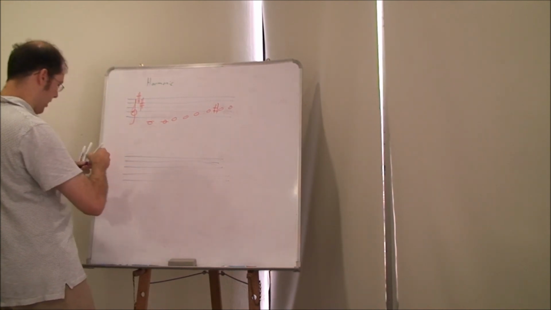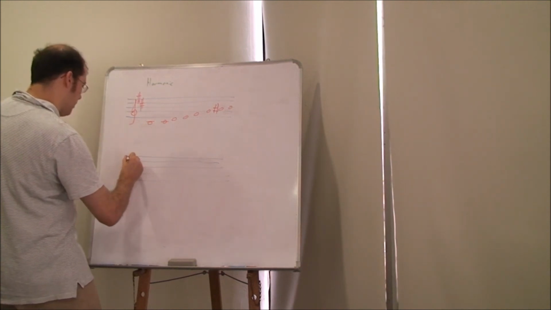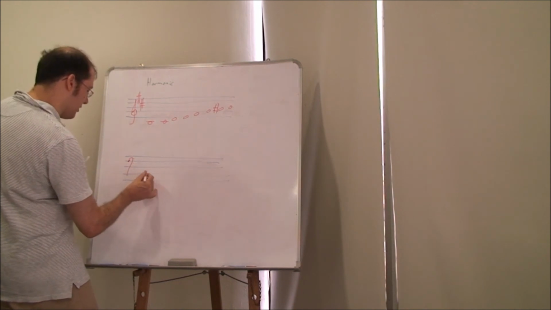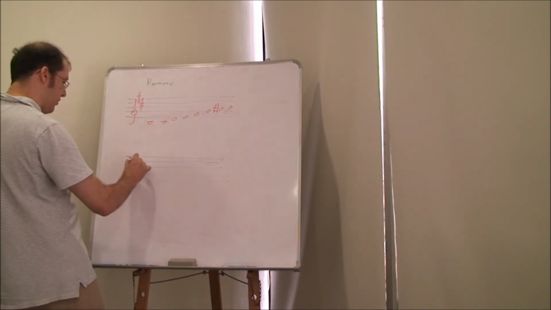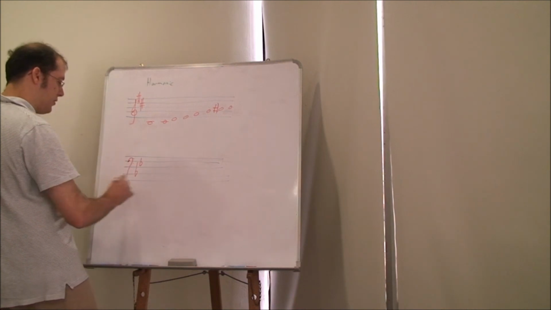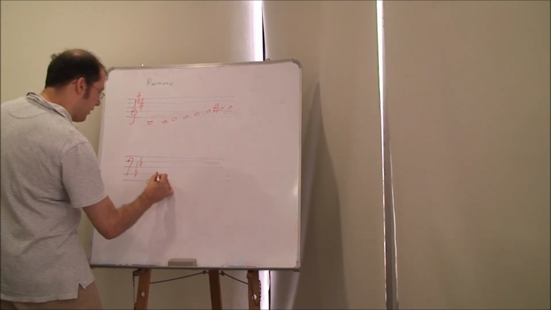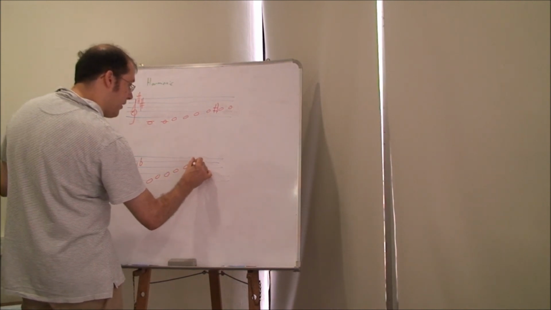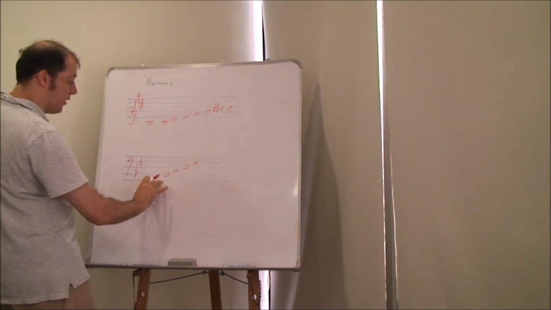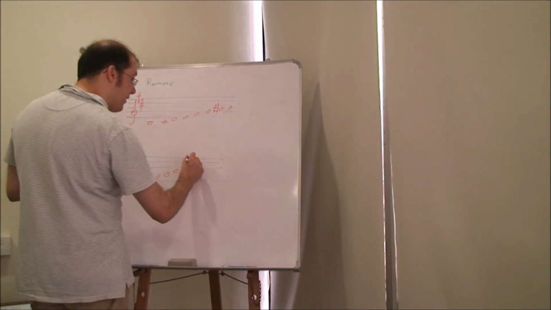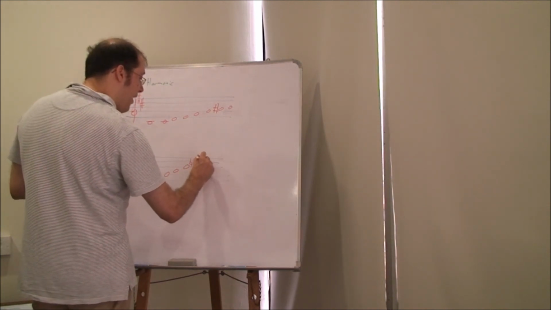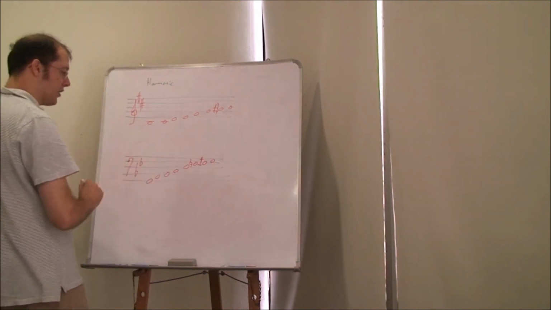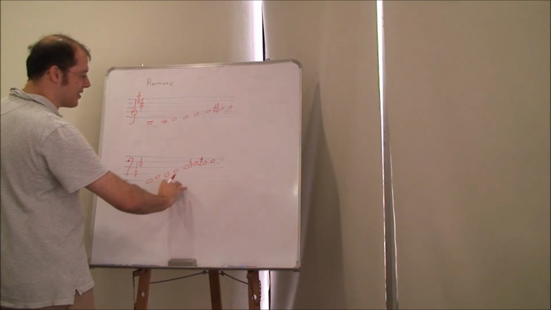Let me do it over here. Let's say G minor, and I'll write the key signature again. So there's G minor. But now we alter it, and that gives us a more pleasant sound.